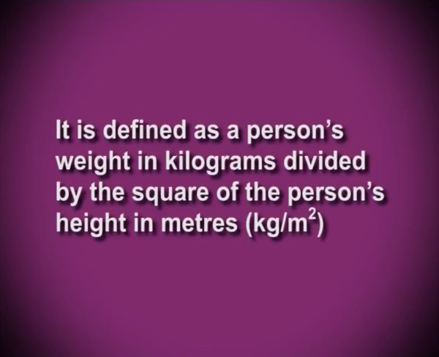Now BMI, let's see the definition. It is defined as a person's weight in kilograms divided by the square of the person's height in meters, which is kg divided by meter square.